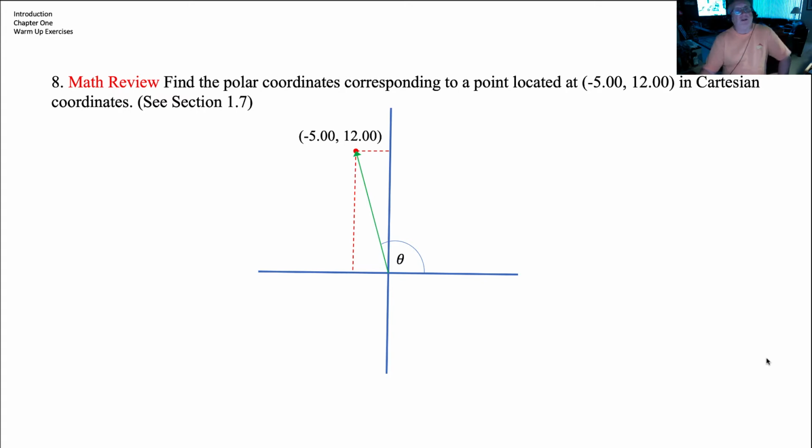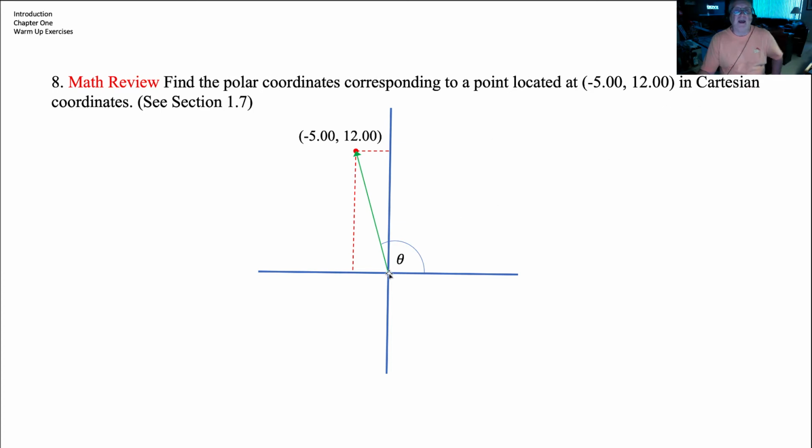Okay, looking at coordinate systems. You're going to be using coordinate systems a lot in this class. So we need to look at the difference between Cartesian coordinates and polar coordinates. And you're going to be doing conversions between the two. In this case, they gave us a point that's located at -5 and 12 on the Cartesian system.